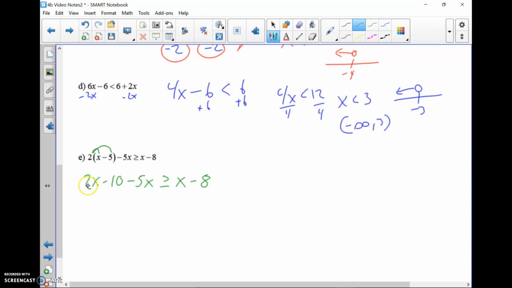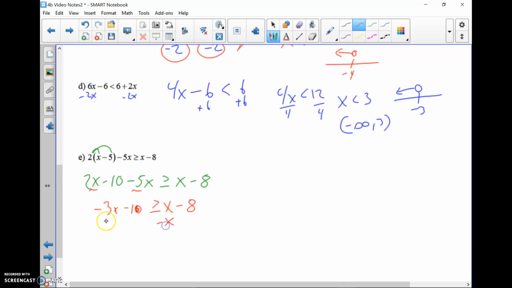So I have a positive 2x and negative 5x on the same side. Remember, some people make the mistake of thinking you got to add 5. You're only changing signs if you want to go to the other side. The same side, keep the signs they are. So 2x, negative 5x is negative 3x minus 10 is greater than or equal to x minus 8.